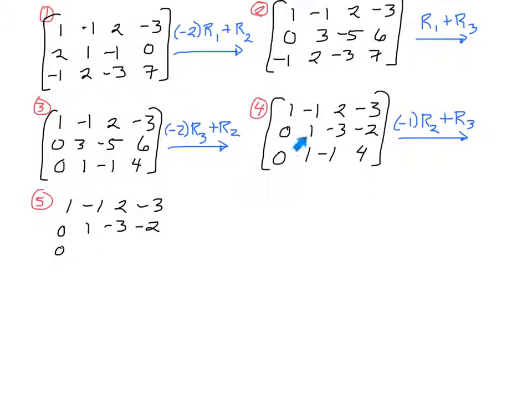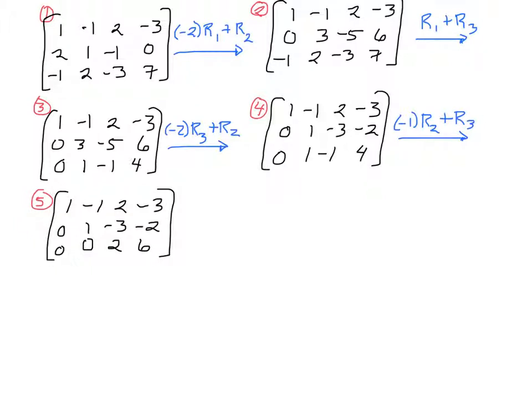And then 1 times negative 1 is negative 1, plus 1 is 0. That's what we wanted. Then negative 3 times negative 1 is 3, plus negative 1 is positive 2. And finally, negative 2 times negative 1 is 2, plus 4 gives us a 6.